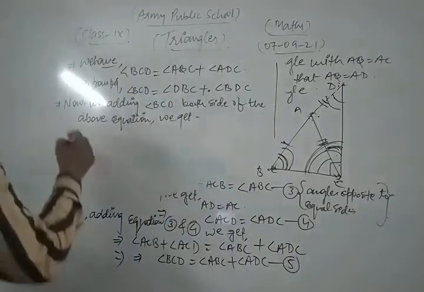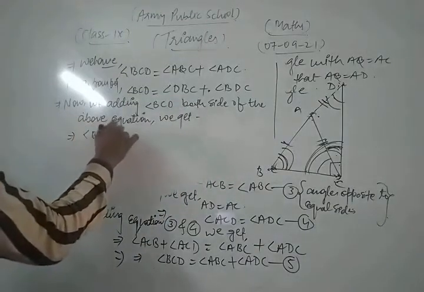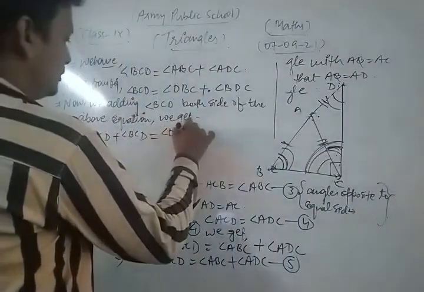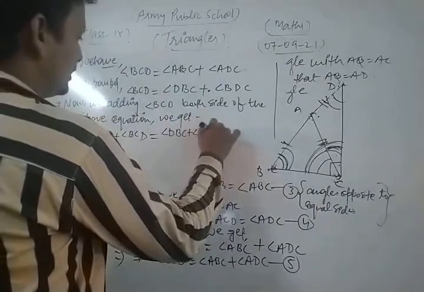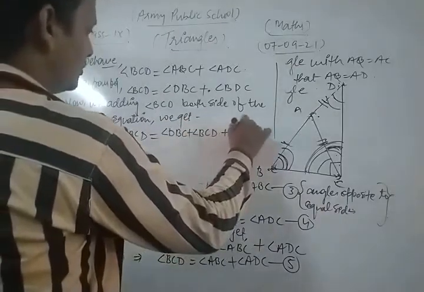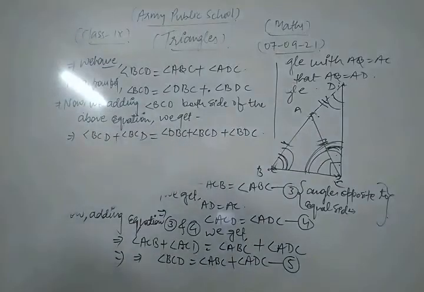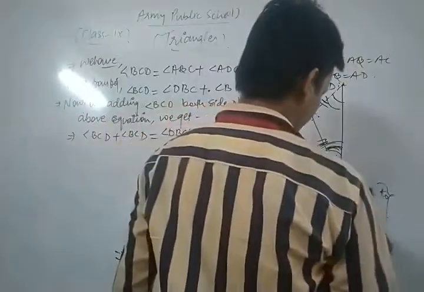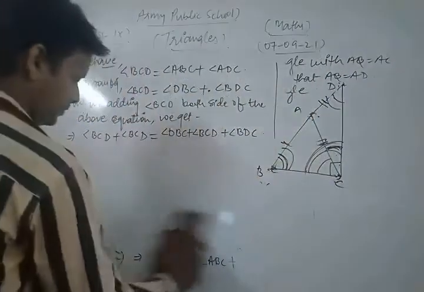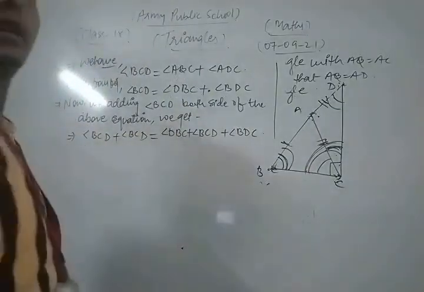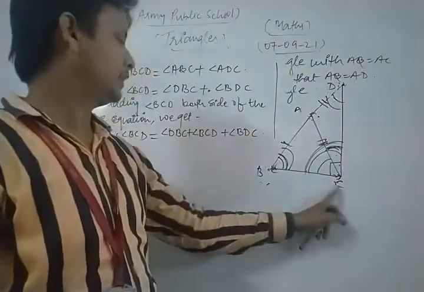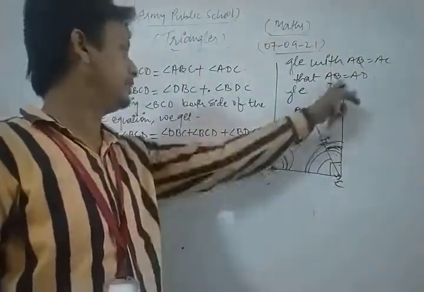We get angle BCD plus angle BCD is equal to angle DBC plus angle BCD plus angle BDC. This is angle DBC, this is angle BCD, and this is angle BDC.